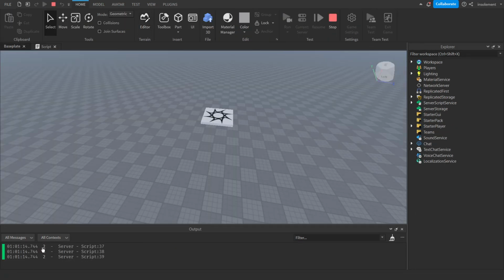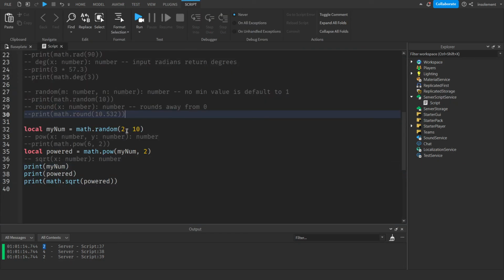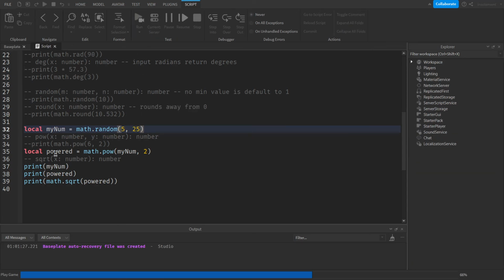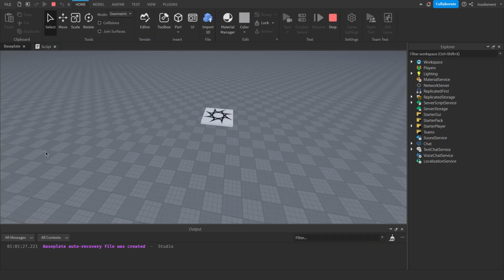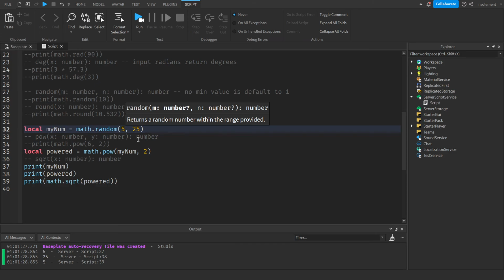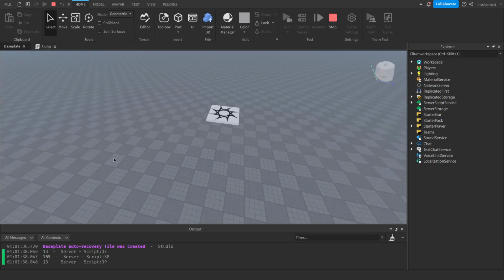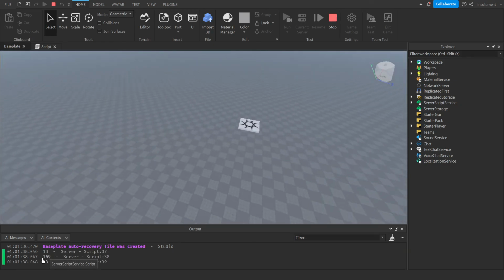Let's do it again. And this time we got 2. Okay, this one's lame. Let's do a bigger range, so 25. Okay, we already did that. What? Give me a different number. Let's do 10. So we got 13. 13 squared is 169. Square root it, it's back to 13.